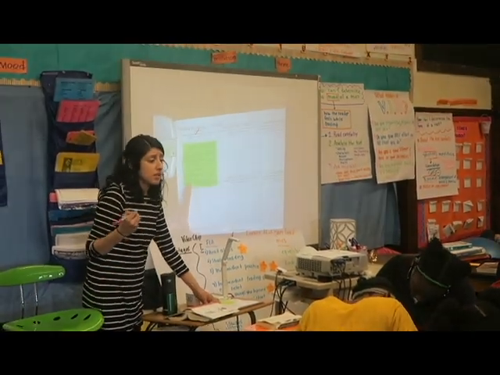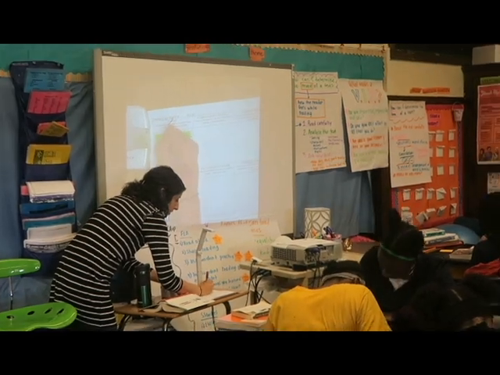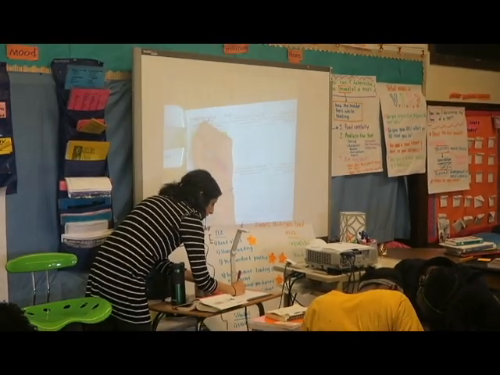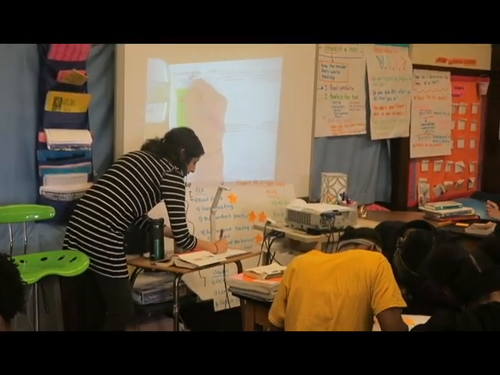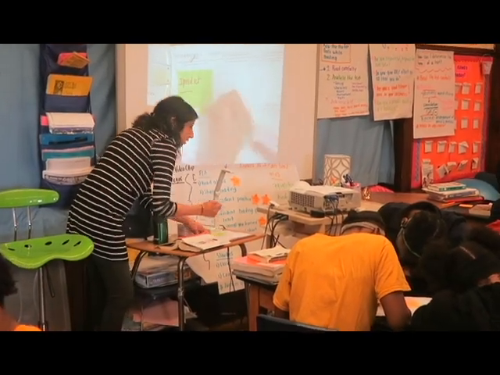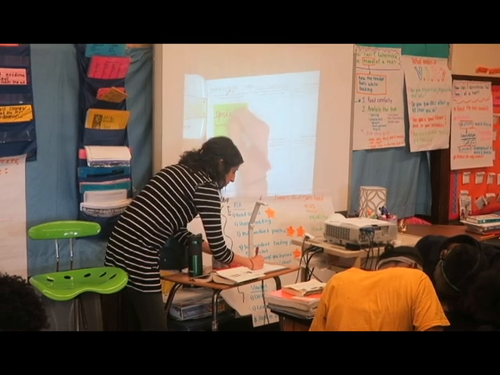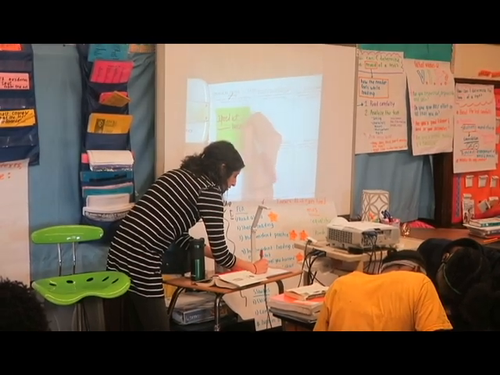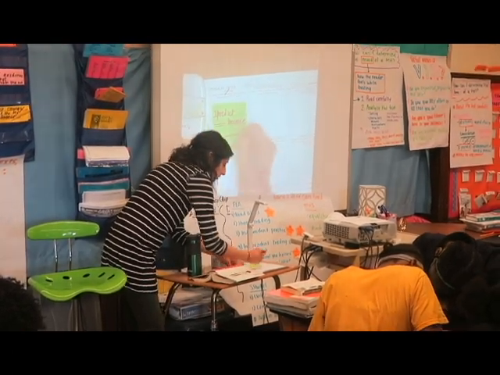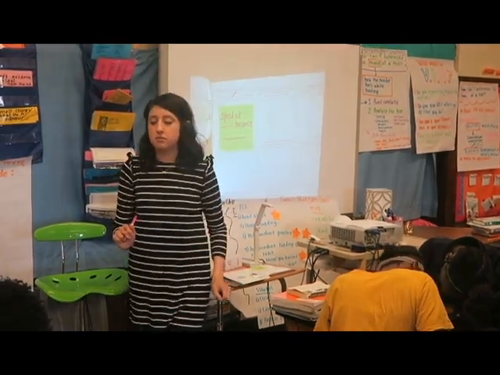For those of us who need a sentence done, we always start off our prediction with I predict, blank. And then we want to make sure that we have some kind of reasoning to support our ideas.